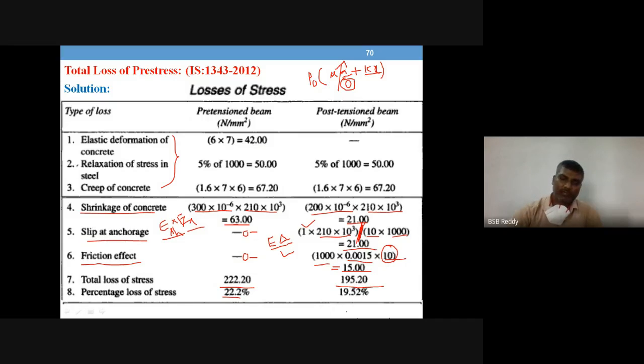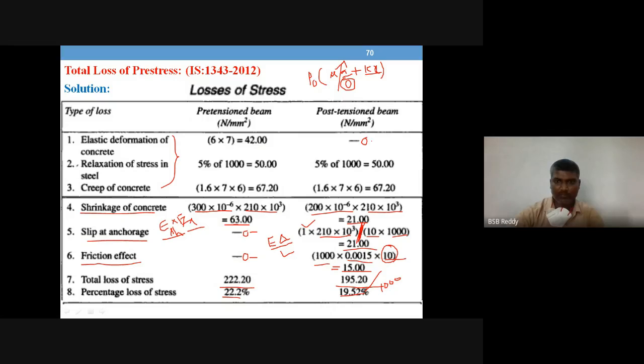If you want percentage, just divide by 1000 into 100, which gives 19.52%. So this is how we work out the total losses in both pre-tension and post-tension beams.